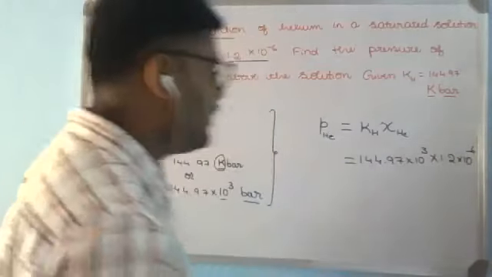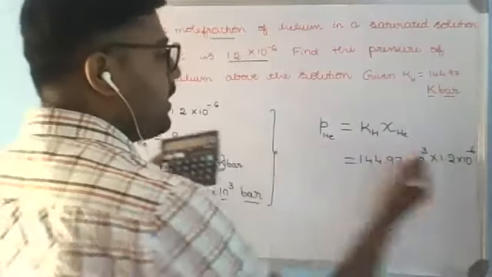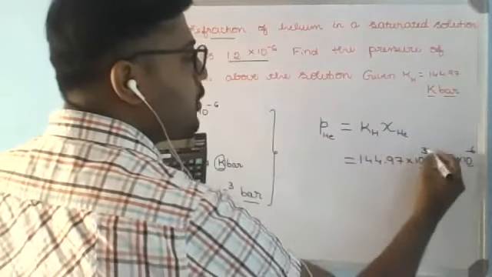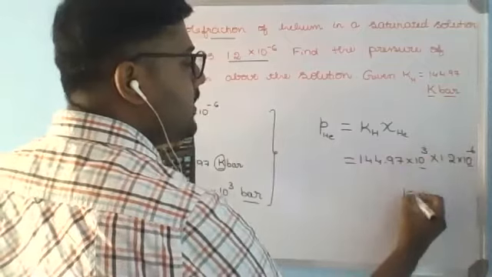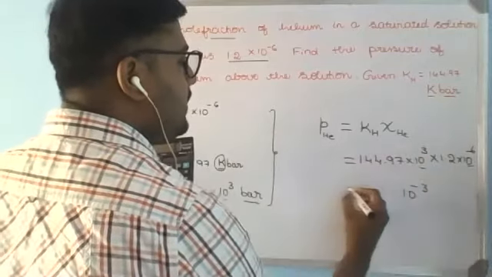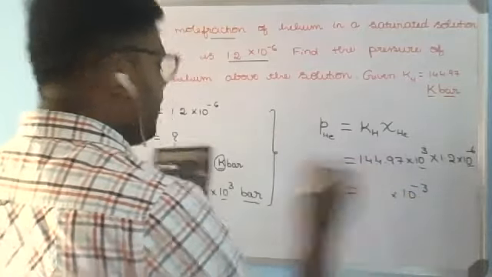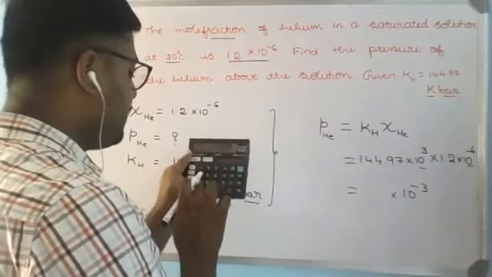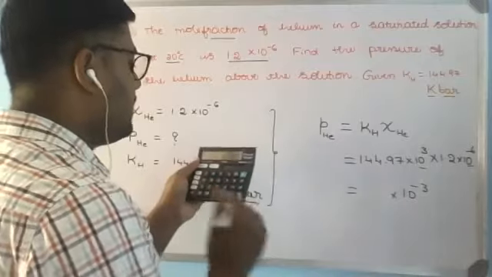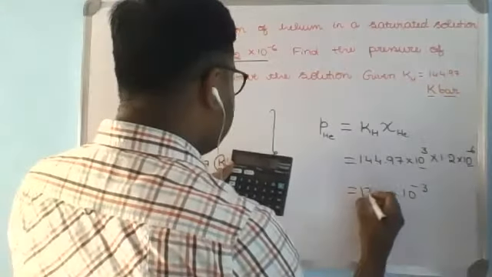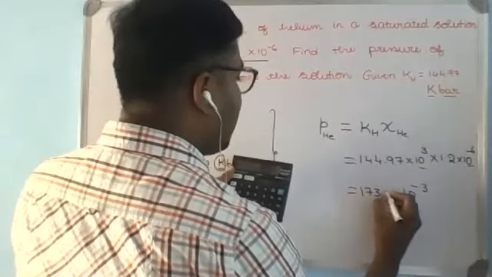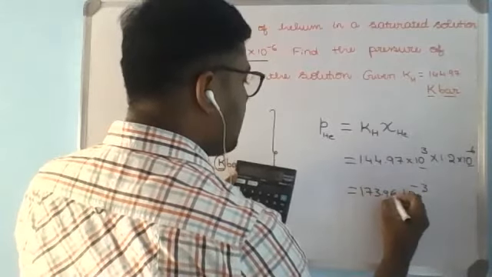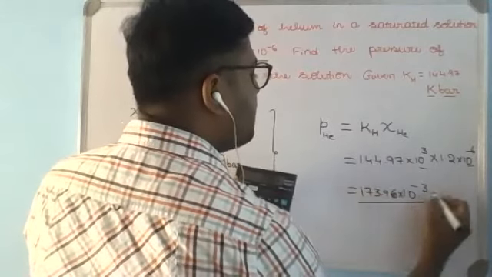If we solve with the help of a simple calculator, power term simplification first: 10 to the power of plus 3 into 10 to the power of minus 6 is 10 to the power of minus 3. Then 144.97 into 1.2 will be equal to 173.96 into 10 to the power of minus 3.